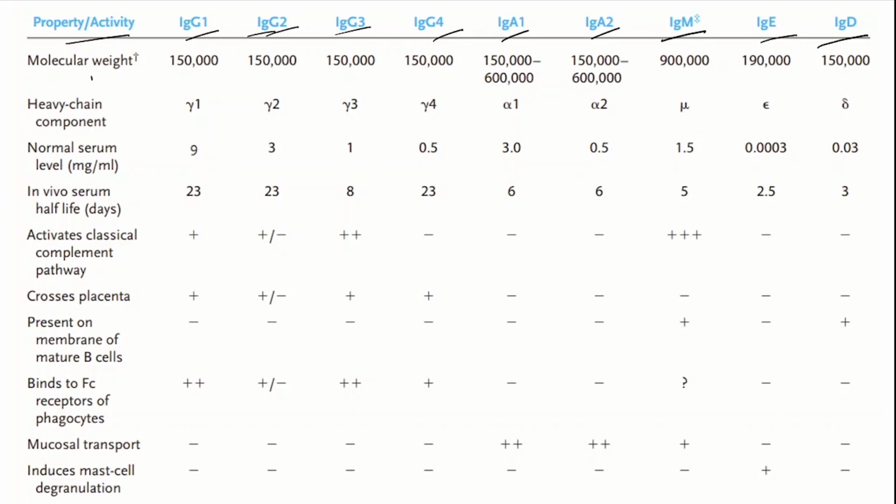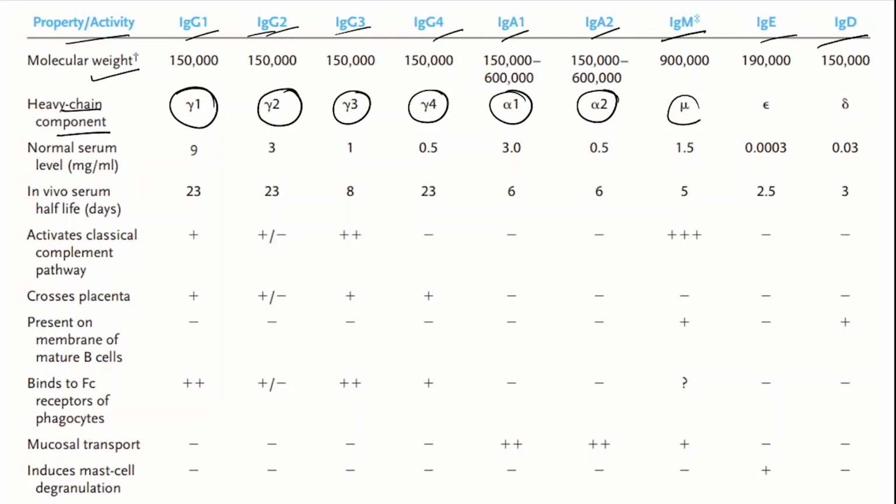Molecular weight is given here. The heavy chain components are gamma 1, 2, 3, 4, alpha 1 and alpha 2, mu in IgM, and delta in IgD. Normal serum concentrations are given, and the in vivo serum half-life in days: 23 days, 23 days, 8 days, 23 days, and so on.